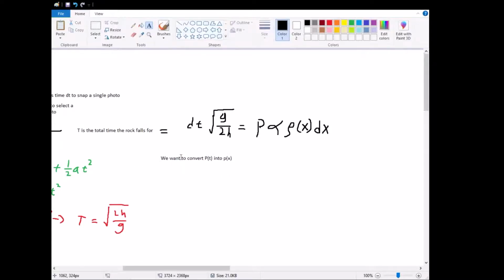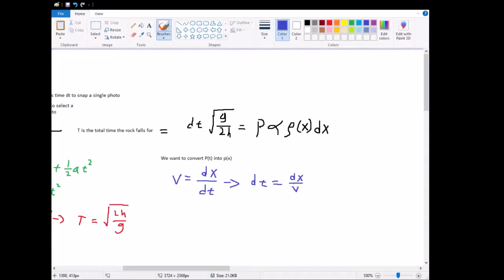One way that we can do this is to recognize that dt is a time element. One way that we can link the time element to a position interval is to use velocity, because we know that v equals dx over dt. So we can rearrange to say that dt equals dx over v.